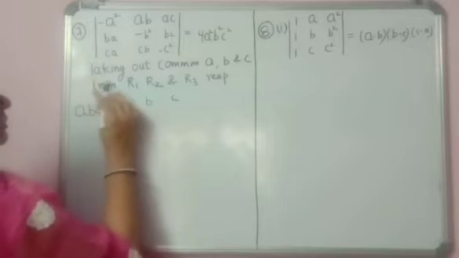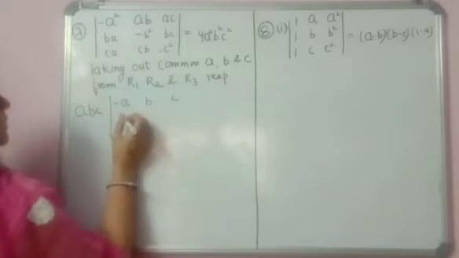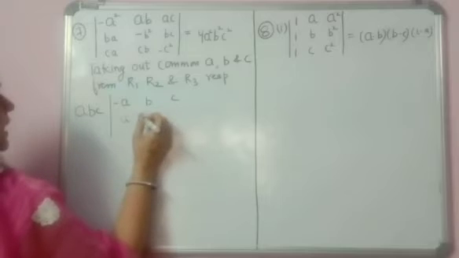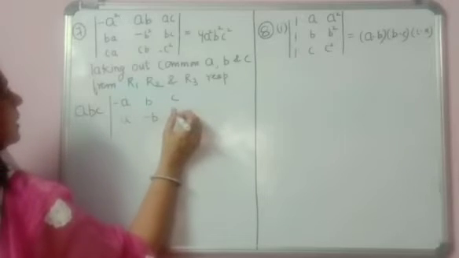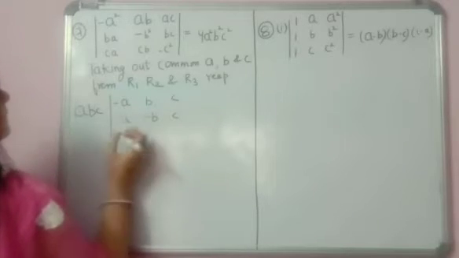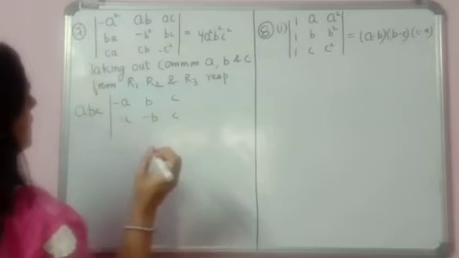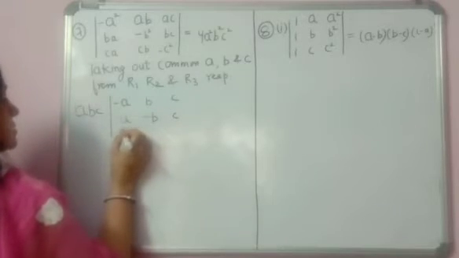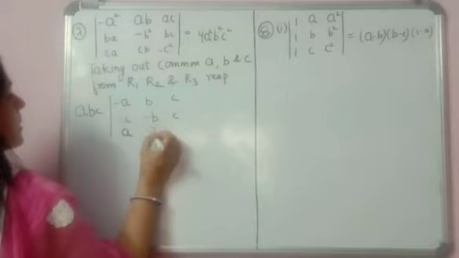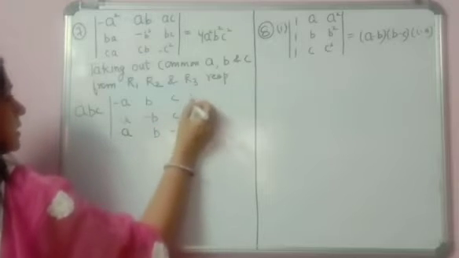Then from row 2 you are taking out common b, so you are left with a minus b and c. And from R3 you are taking out common c, so it will be a, b and minus c.